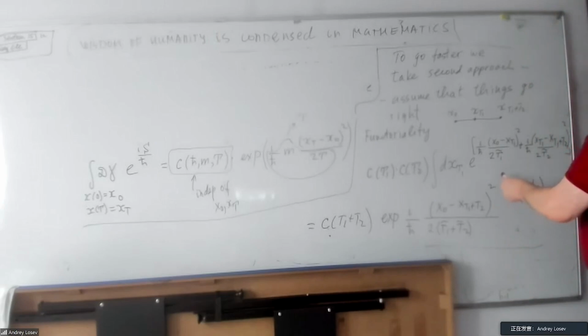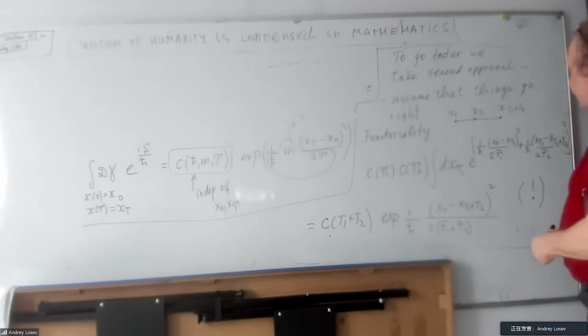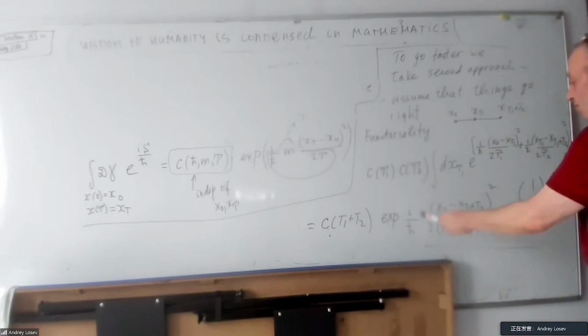So what is important about this Gaussian integral is that, first of all, we have this thing in the exponent.